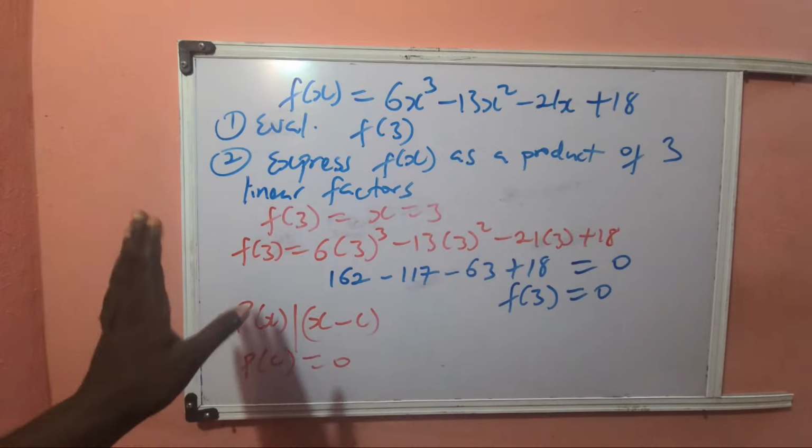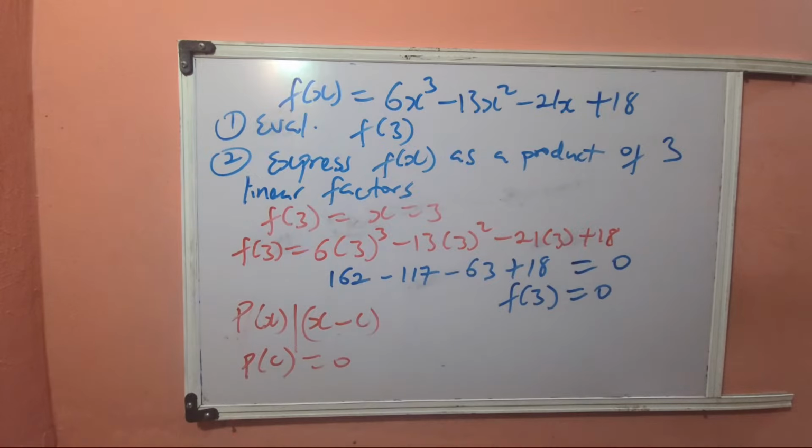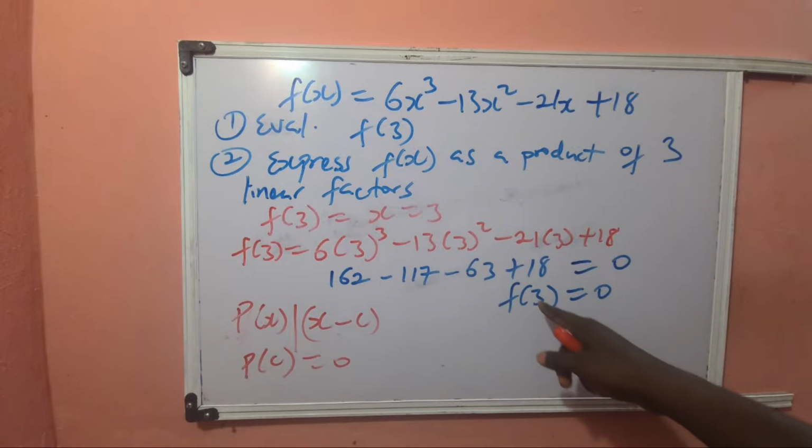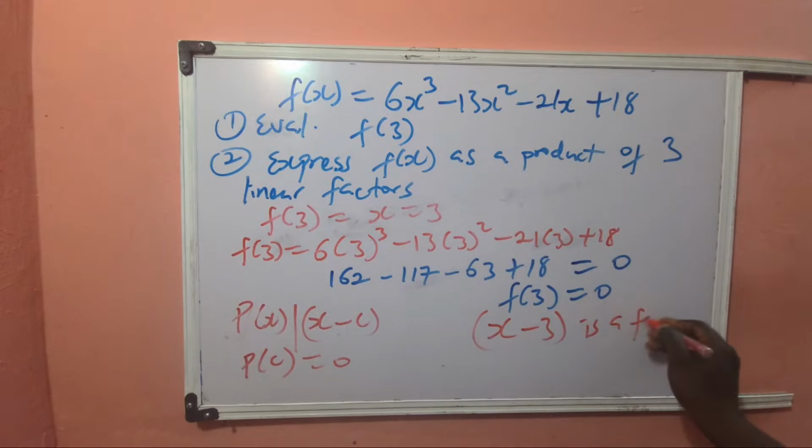If x minus c is a factor, when you put in c into your polynomial, you will get 0. Now, you put in a value of 3 into this polynomial, you got 0. What does that tell you? That means 3 was c. That means x minus 3 is a factor.